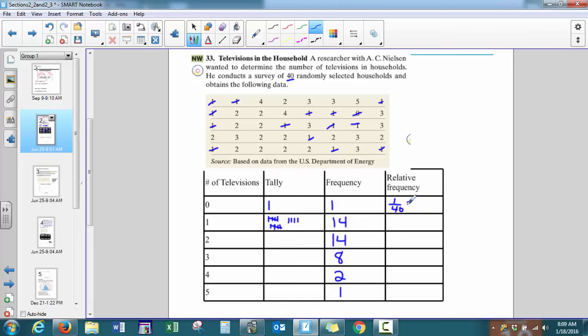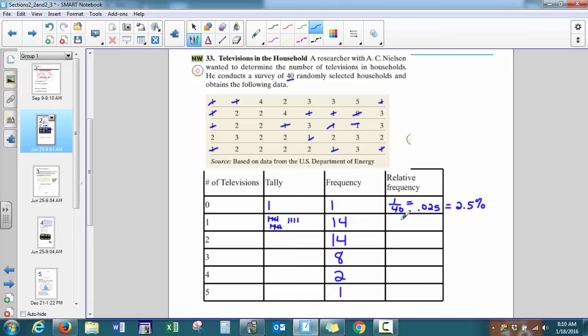And we can put this in our calculator, which gives us 0.025. And if we're writing these as percentages, you just multiply your decimal by 100% to give us 2.5%.